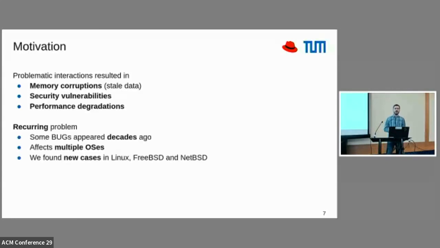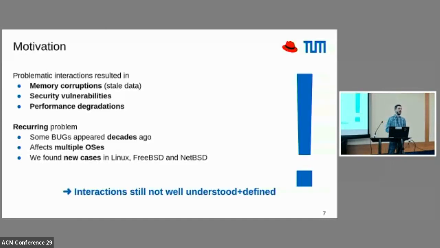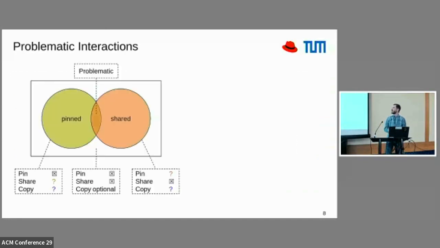And this has been shown to be a recurring problem. Some of these bugs were found more than 20 years ago in Linux. They affected multiple operating systems, and throughout our research, we found new cases in Linux, FreeBSD, and NetBSD. So our claim is that these interactions were actually not well understood and also not well defined. And of course, that's where we take over.